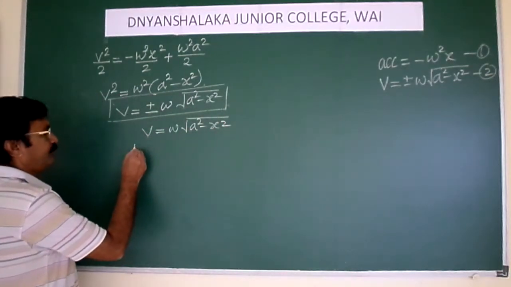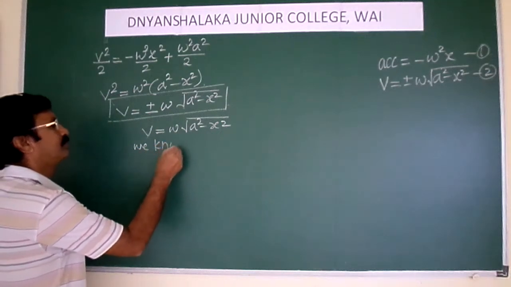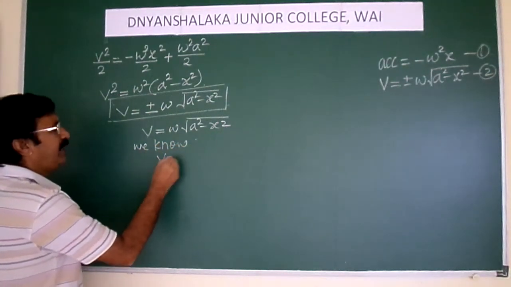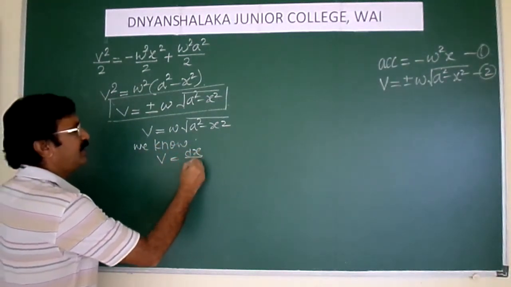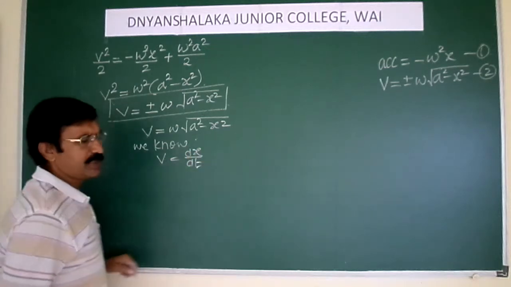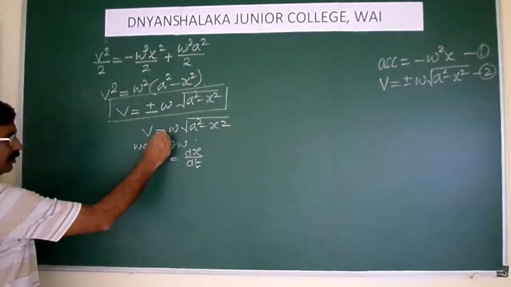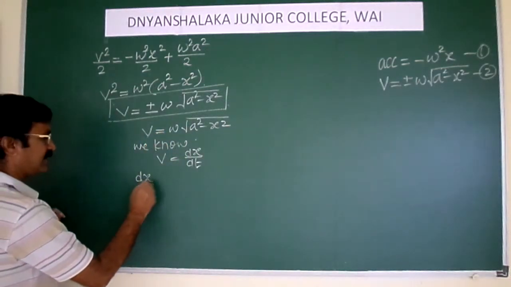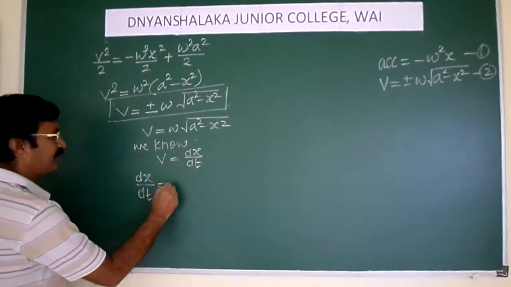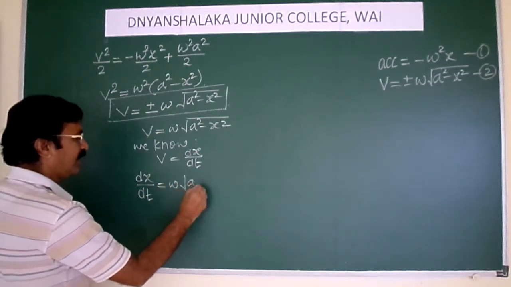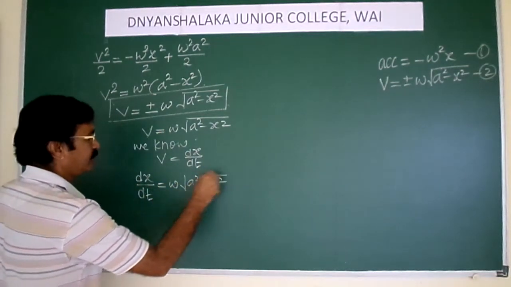We know v is dx upon dt, the rate of change of displacement with respect to time. So this expression can be written as dx upon dt equal to omega under root a square minus x square.